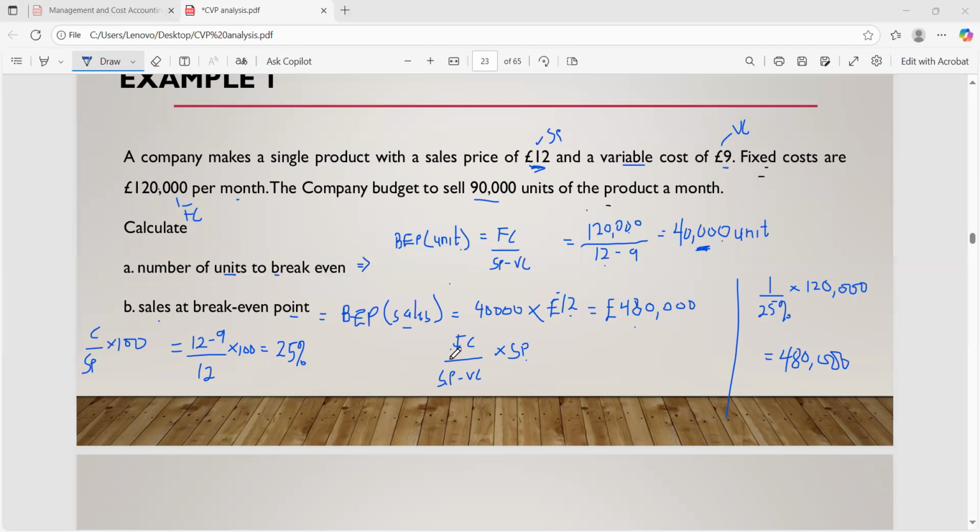So whichever formula you choose for the break-even sales, either the contribution ratio format or whatever format you have, it works out.